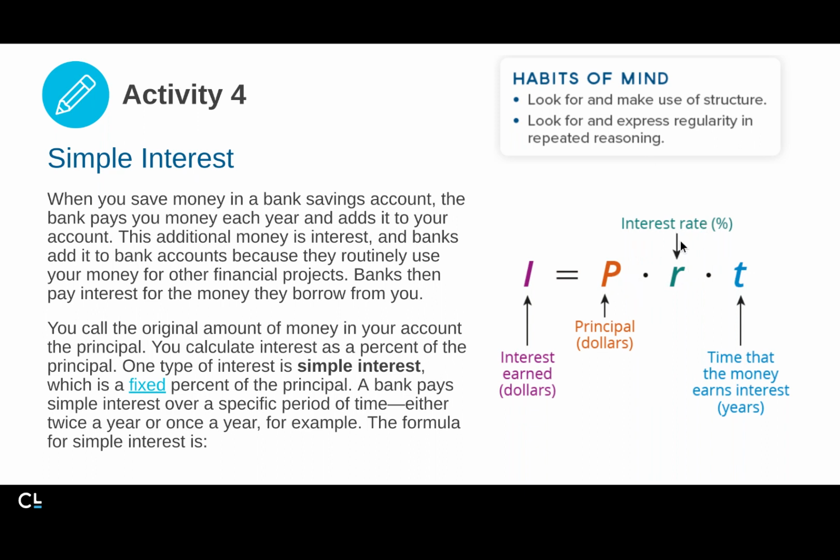Now, the interest rate is the amount that the bank or the credit union agrees that they will put in at a certain time, right? That you can earn. Okay, so it's a percentage of your principal amount. It's a percentage of whatever amount you have in there that is going to grow over a certain period of time.